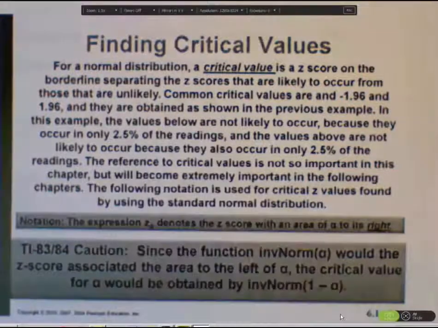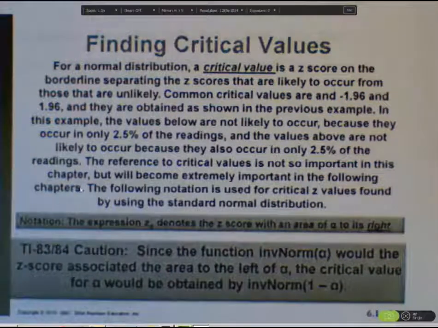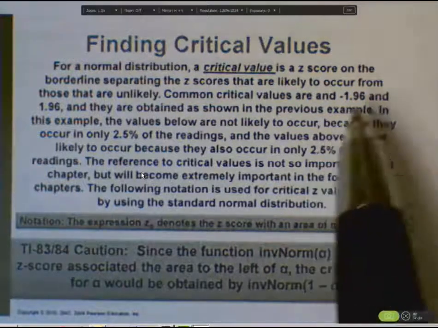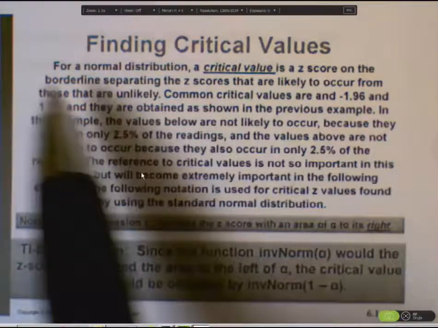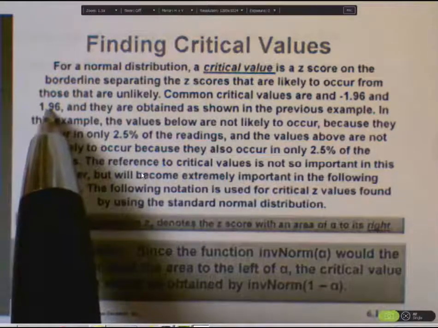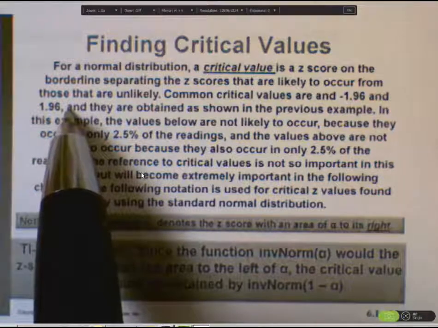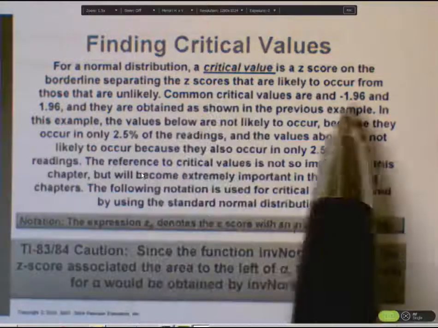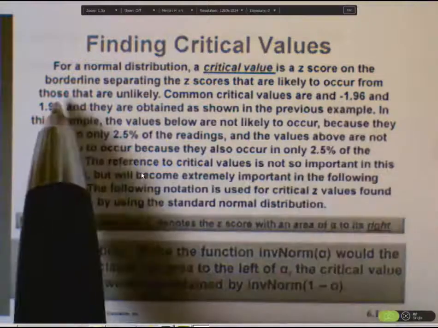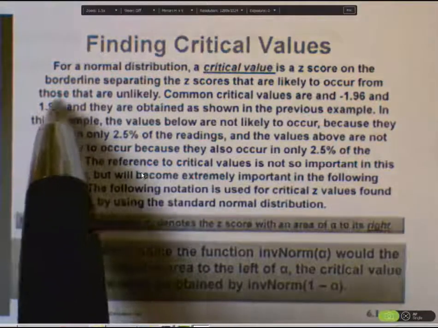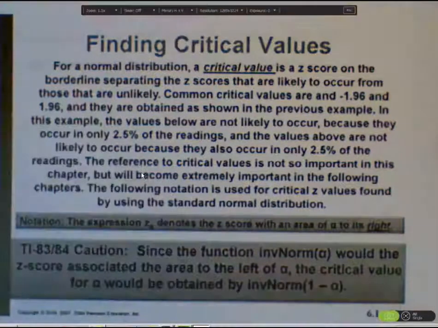Common critical values are negative 1.96 and positive 1.96, and they are obtained as shown in the previous example. We're going to use other z-scores, but negative 1.96 and positive 1.96 are going to turn out to be very common numbers that you'll see.